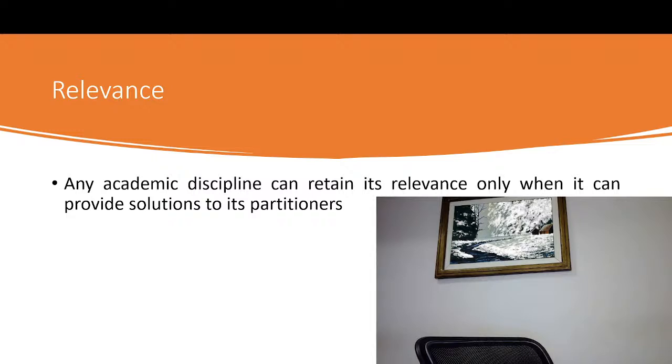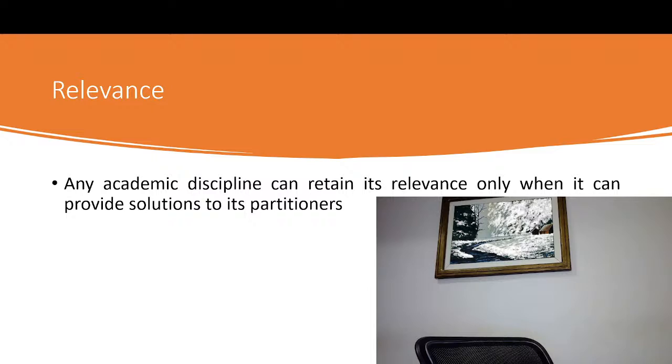And because of this goal displacement, no solutions were being found to the current problems being faced by society. Our bureaucrats were immune to the problems. They were not interacting with society. So it's a closed system approach also from the point of view of a discipline.